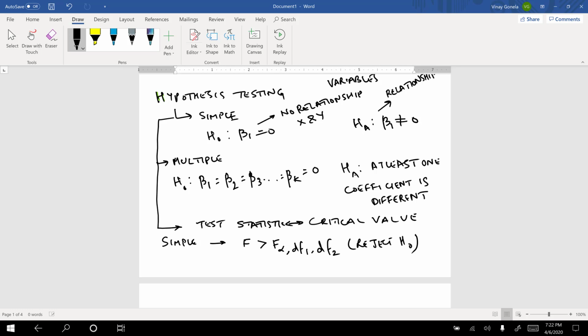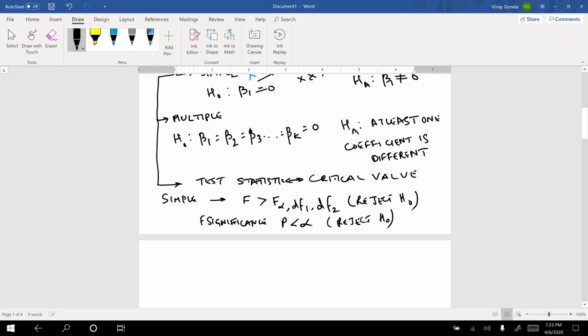That means the null is not true, and the alternative is true. Then there is a relationship. The other way is F significance, what we called the p-value: if it is less than alpha, then you reject H null. So that is another way we did it.